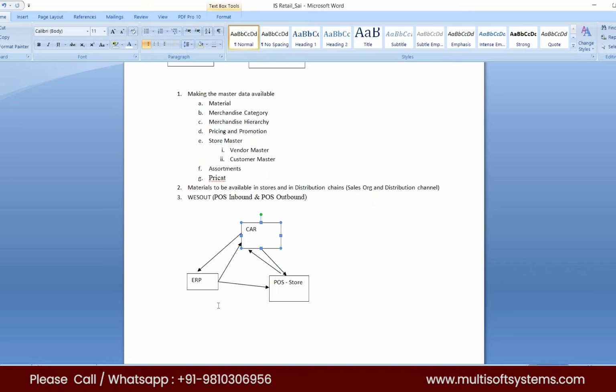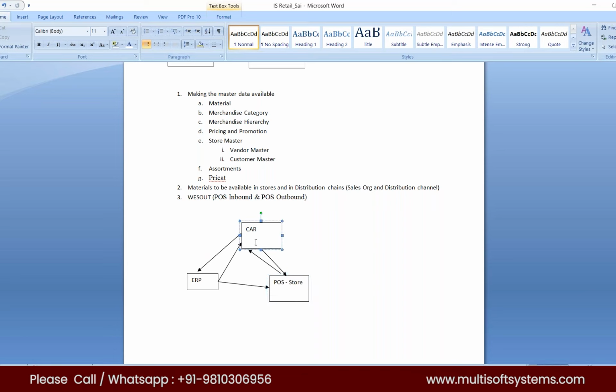It's not possible to achieve in the ERP system, because it is not only dealing with the transactional processes of the stores, it is also handling the logistical processes, the procurement processes, the allocation processes, the replenishment processes, and the financial transactional processes, and many other processes, whereas CAR concentrates only on the POS processes.